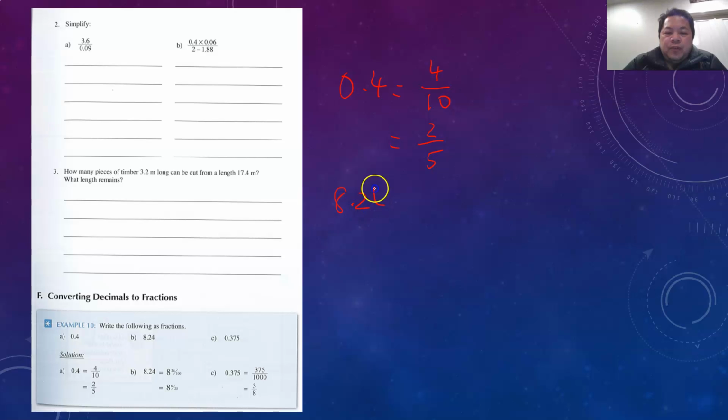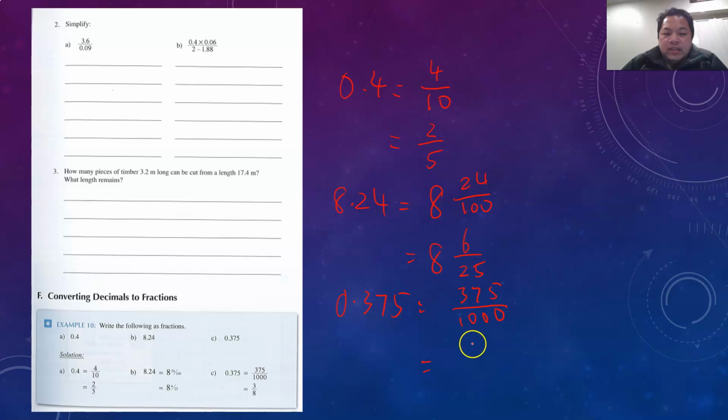So 8.24. Again, we know that this is 8 whole, 24 out of 100. So simplify, both can be divided by 4. So that's how I get 8 and 6 out of 25. What about 0.375, which we know is 375 over 1,000?